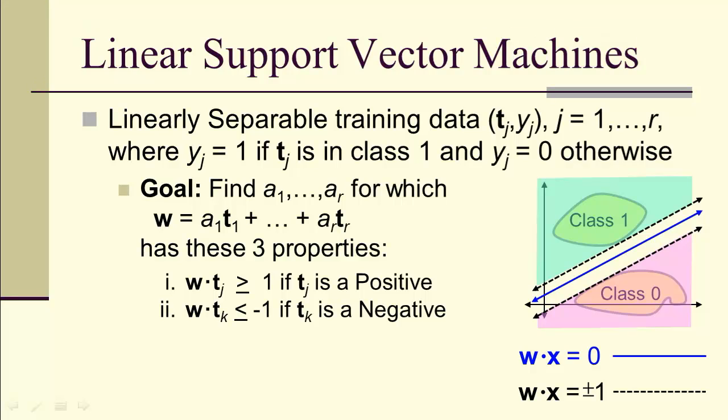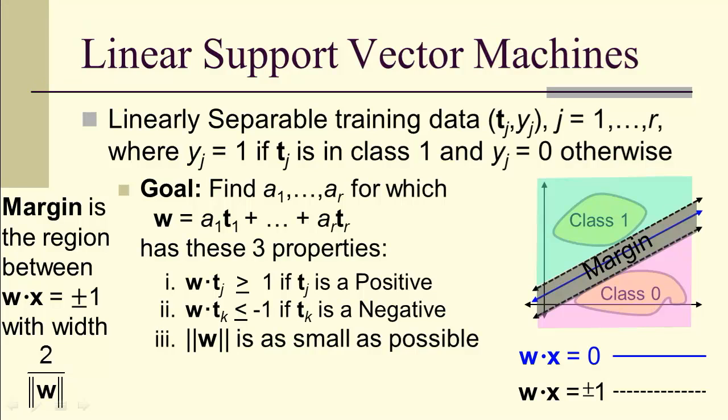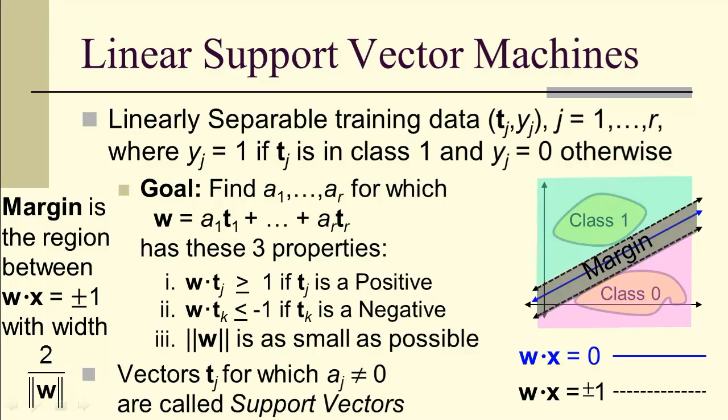W dot t sub k is less than or equal to negative 1 if t sub k is a negative. And the norm of w is as small as possible. The margin is the region between w dot x equals plus or minus 1, and the width of that, as we saw, is 2 over the norm of w. And the vectors for which the a sub j's are non-zero are called the support vectors.